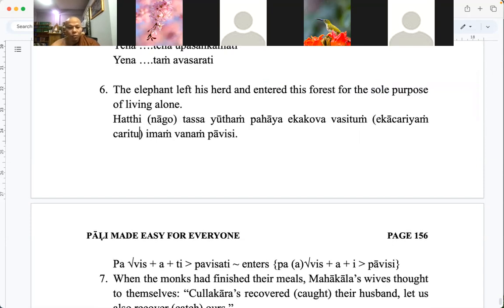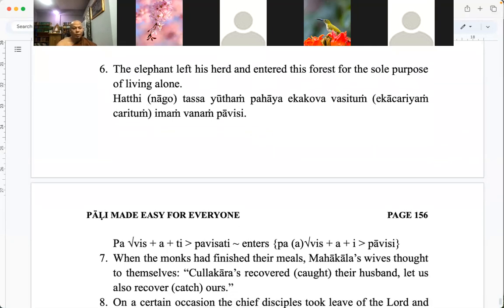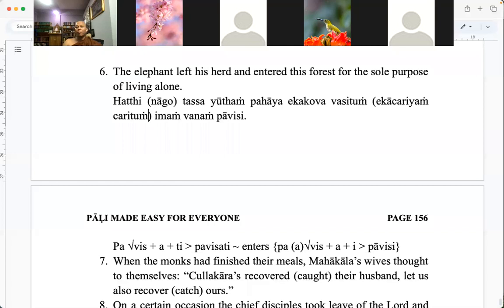So Jari Dong in this way also. Ikagowa Wasito or Ekajari yan Jari Dong Imawana Bawisi. So in this way it can be understood. Even when we try to translate a Pali sentence into English or an English sentence into Pali, more than one way is possible.